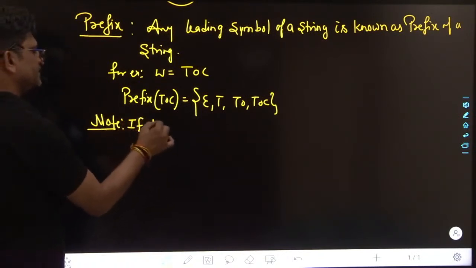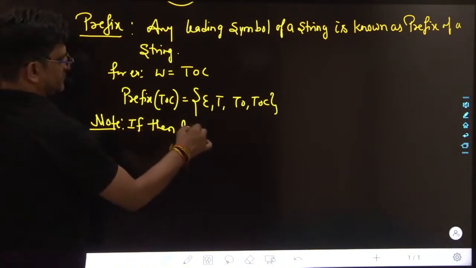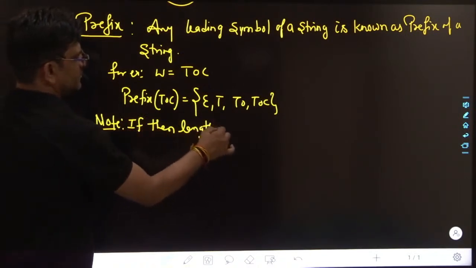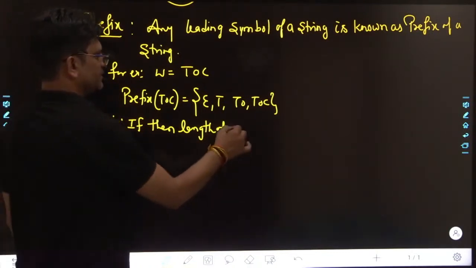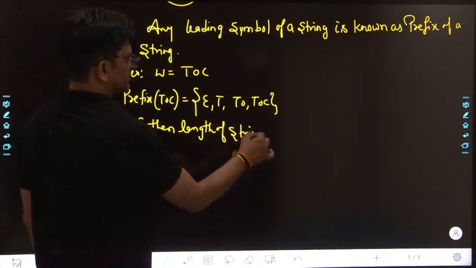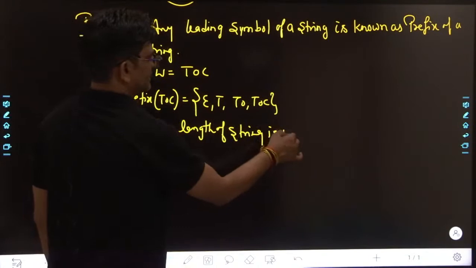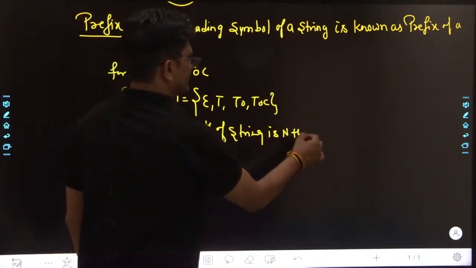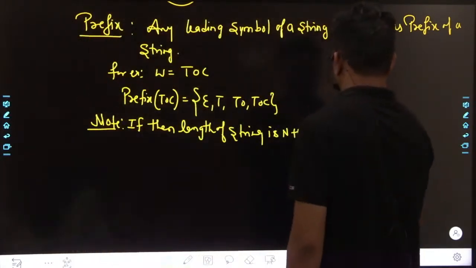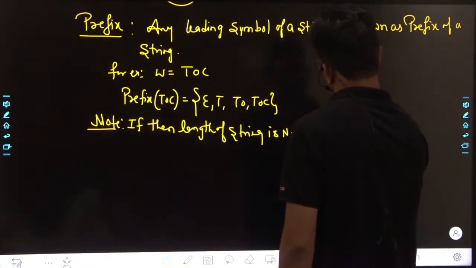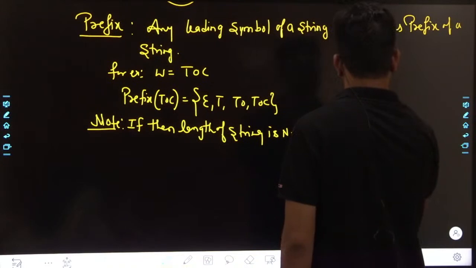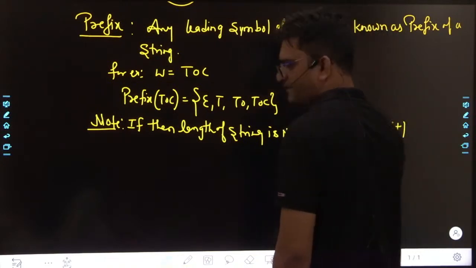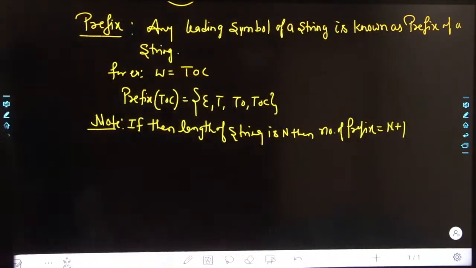If the length of a string is n, then the number of prefixes is equal to n plus 1. Clear? Is this clear to you?